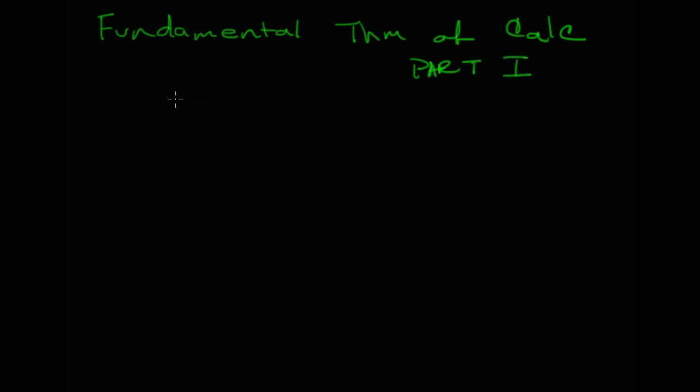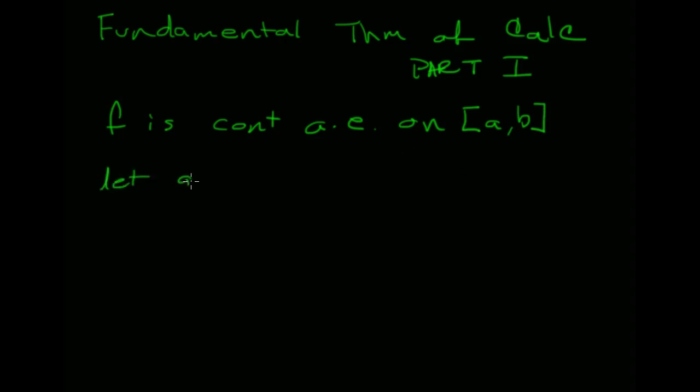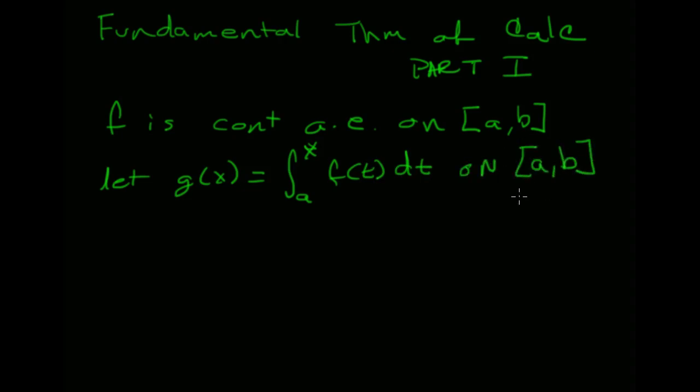Okay, so we have a function f. f is continuous almost everywhere on the interval a, b. Okay, so we're going to let g of x be, what we said before, the integral function from a to x of f of t dt. And we're going to let that be on the domain a, b.